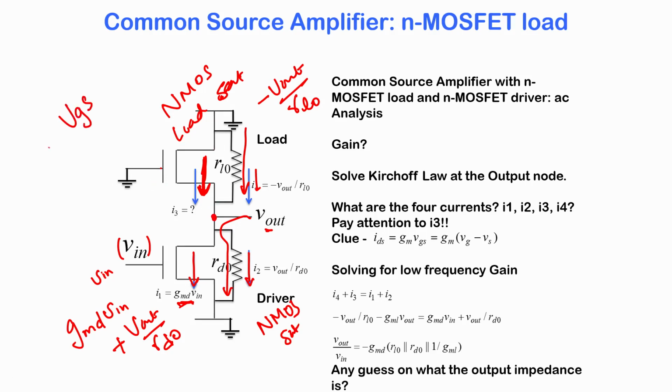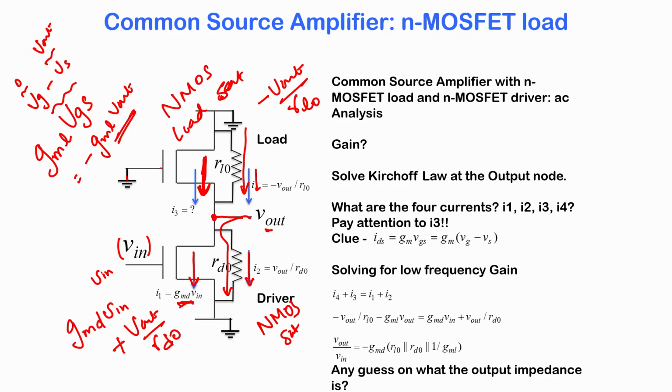If there is a VGS fluctuation, there will be a current of GML into VGS, and what is VGS? It is VG minus VS. The VG is grounded, but what about the VS? The VS is basically V out. So, therefore, there is a current, and that current is minus GML into V out, and this forms the bottleneck of using the circuit in order to address gain.